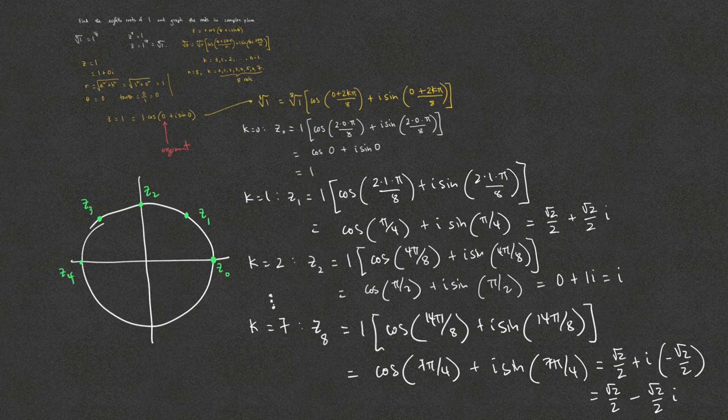The next one, z sub 5, is at the angle 5 pi over 4. z sub 6 is at 3 pi over 2, and z sub 7 is at the angle 7 pi over 4. It is the 8th root, so it partitions the circle into 8 equal pieces at equidistant, equal angles.